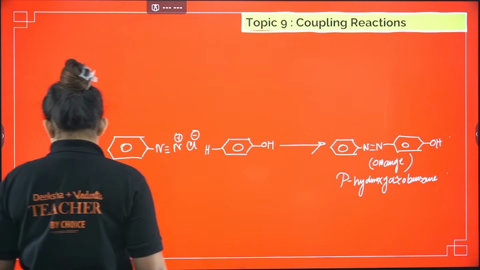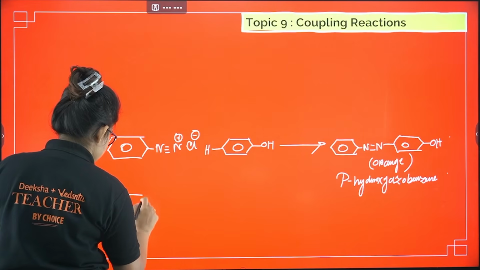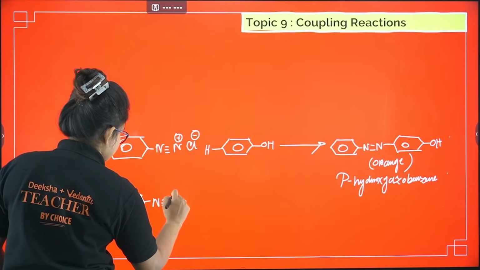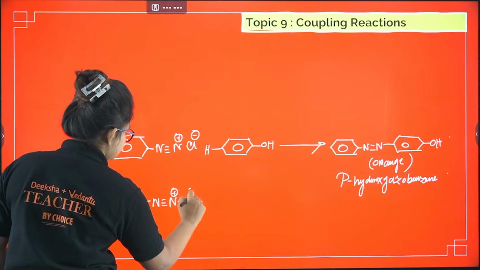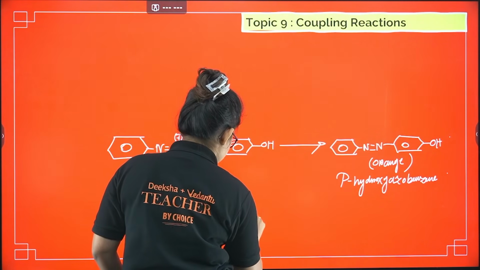Next, let's say I am taking another benzene diazonium chloride and I am now coupling this with aniline. Same thing will take place.